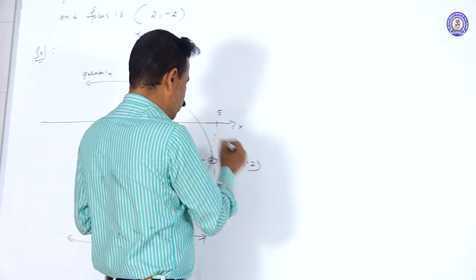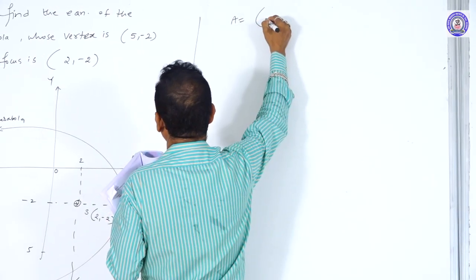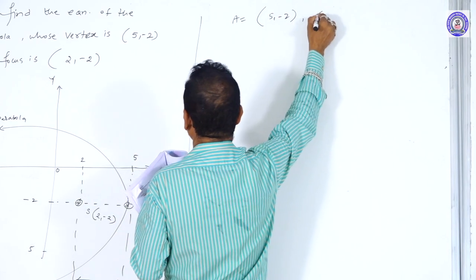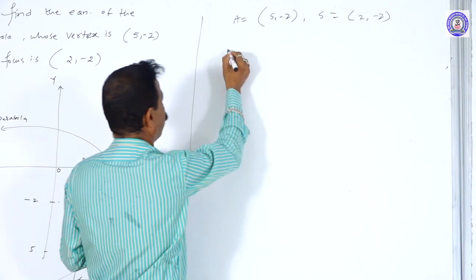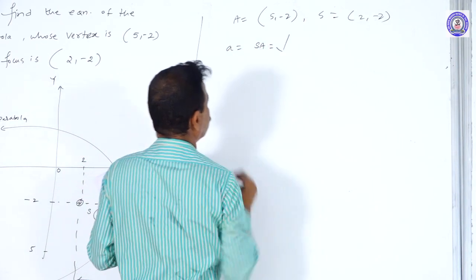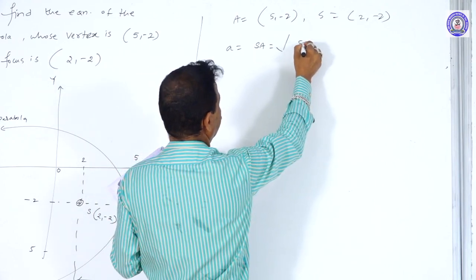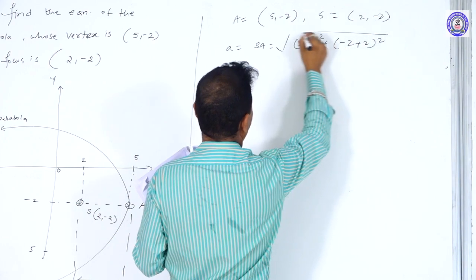So from the two points, A = (5, -2) and S = (2, -2), we find the value of a. SA = √((5 - 2)² + (-2 + 2)²).